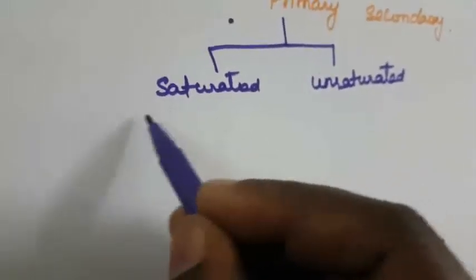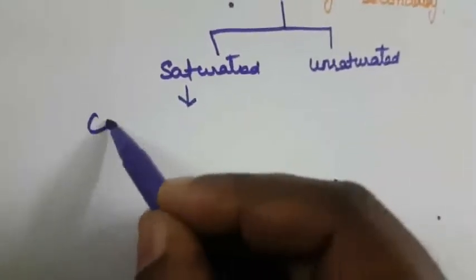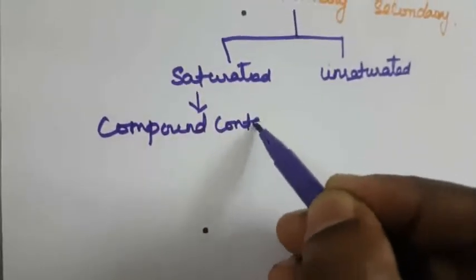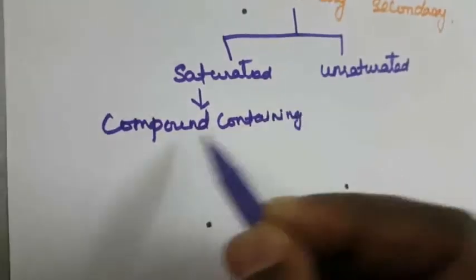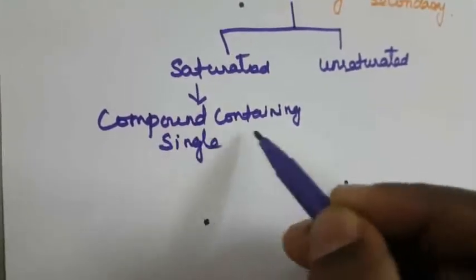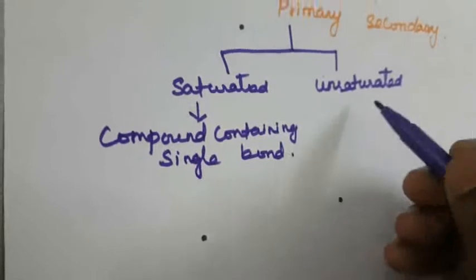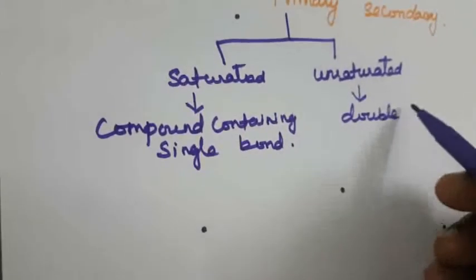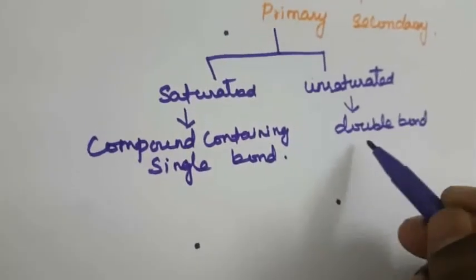What is meant by saturated? A compound containing only single bonds. What is meant by unsaturated? A compound containing a double bond or a triple bond.